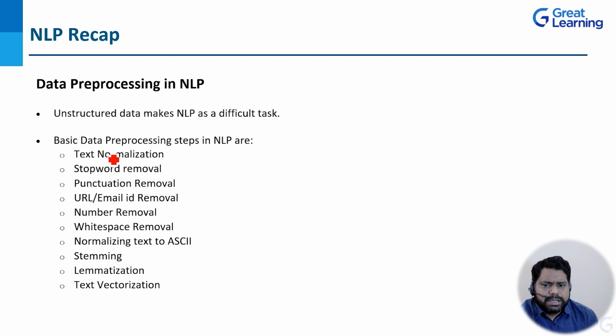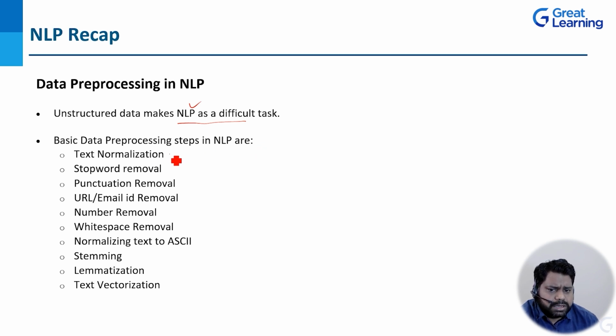Yeah, so now unstructured data makes NLP tasks difficult, because most of your time will be spent pre-processing the data. So what are the basic data pre-processing steps we can perform in natural language processing?